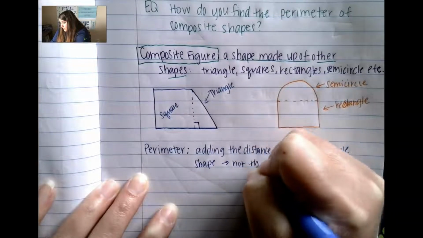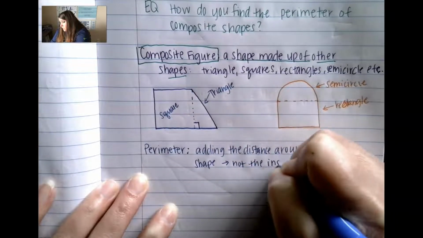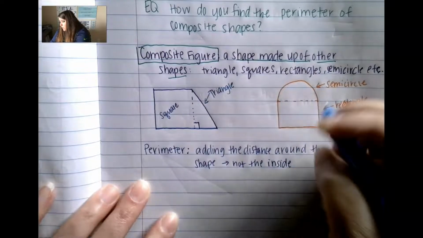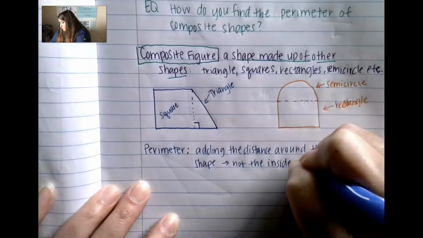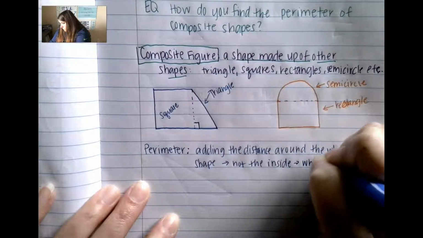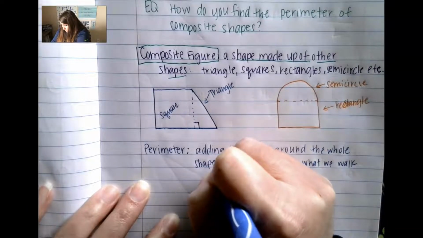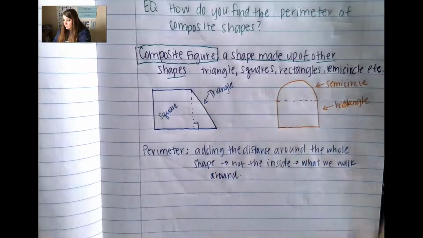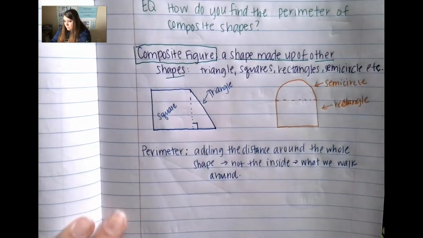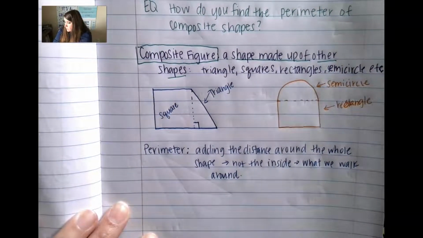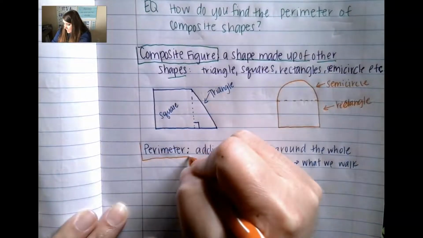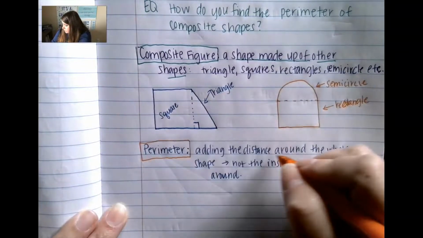Not the inside. So we're thinking about only the parts that we walk on. Okay, so that would be the perimeter. So around the outside of the shape.